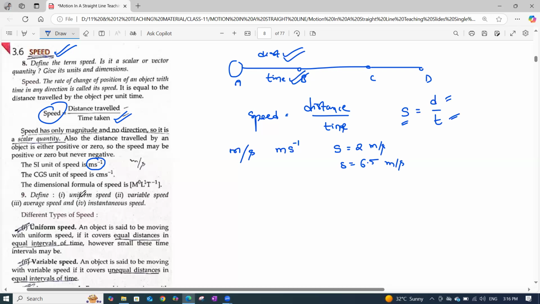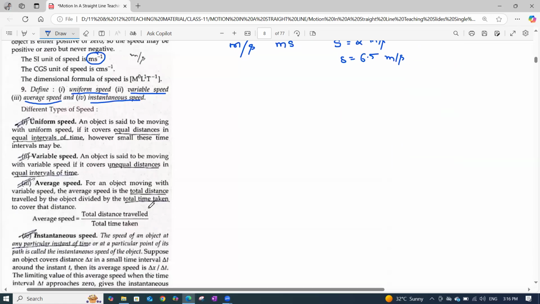In speed, there are types you need to learn: uniform speed, variable speed, average speed, and instantaneous speed. Let us see what is meant by uniform speed. A body or an object is said to be in uniform speed if it covers equal distances in equal intervals of time. For example, a body starts its journey at A and goes to B, to C, to D. From A to B, 2 meters, B to C, 2 meters, C to D, 2 meters.